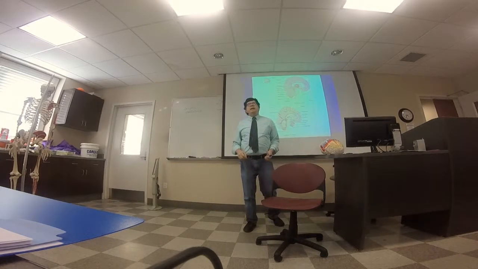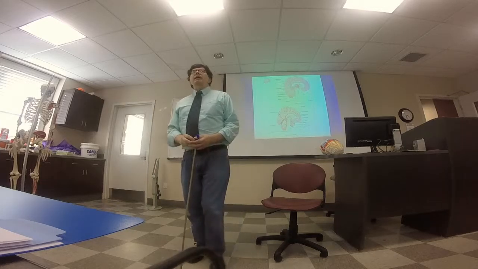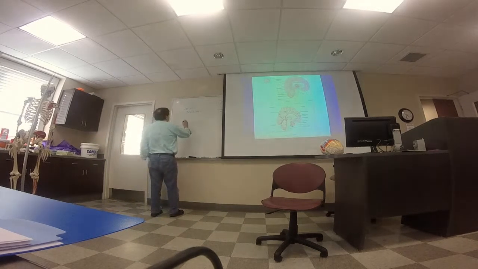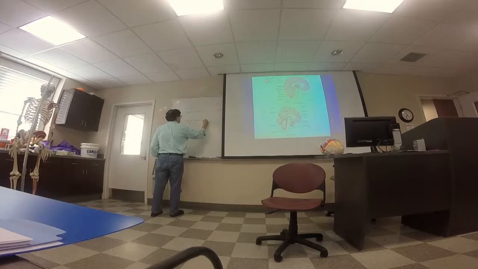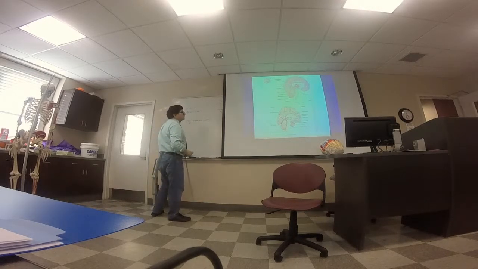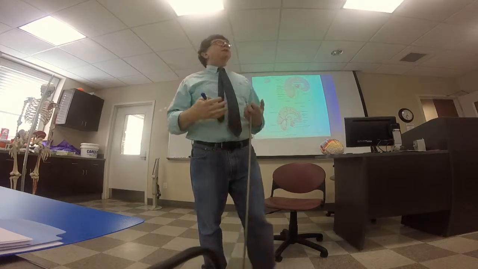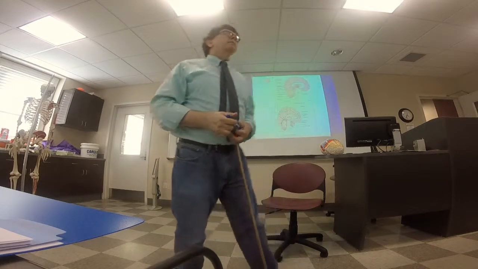The pituitary gland hangs from the hypothalamus by a pituitary stalk, or another name for the pituitary stalk is the infundibulum. Now, even though the pituitary hangs from the hypothalamus, it's not part of the diencephalon.